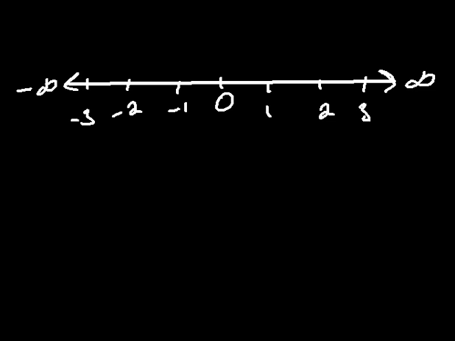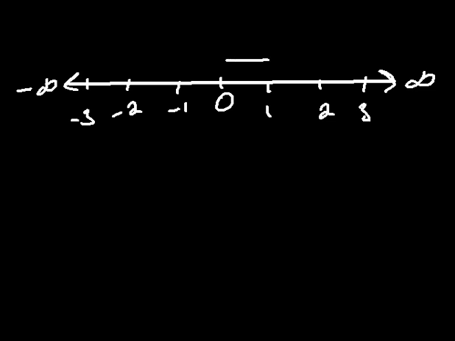So let us see how we can express the relationships that exist among the numbers on the number line. You should understand that from 0 to the right-hand side of 0, the numbers are positive and they keep on increasing.